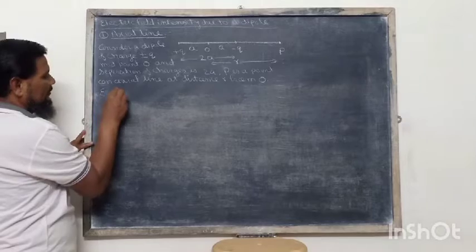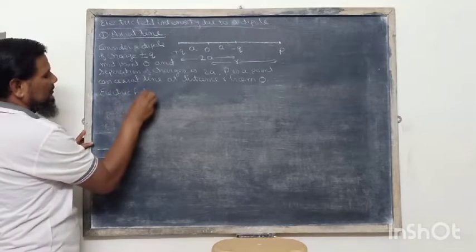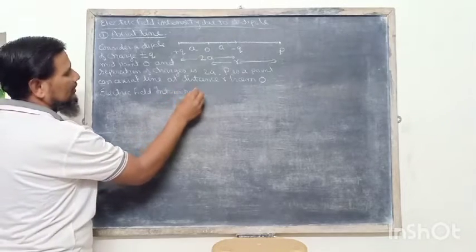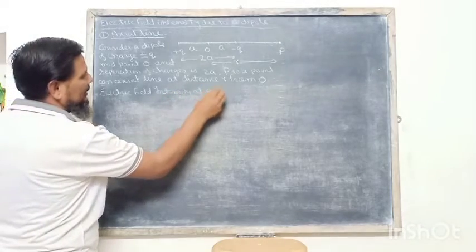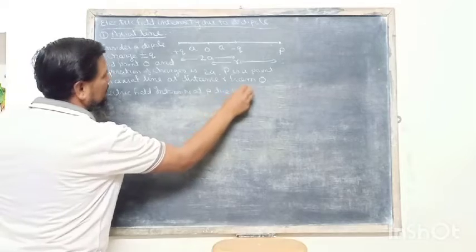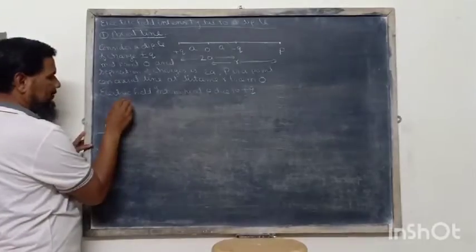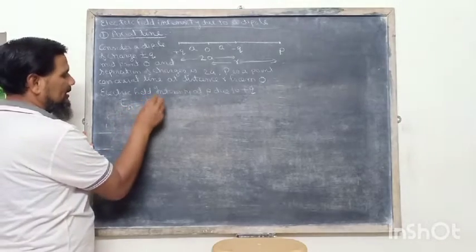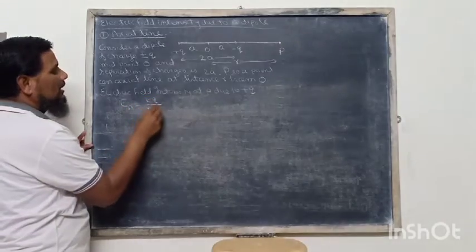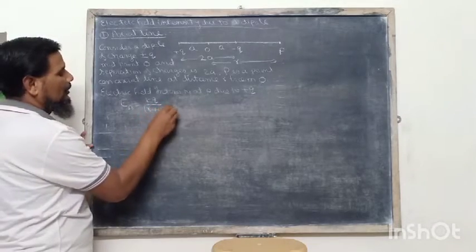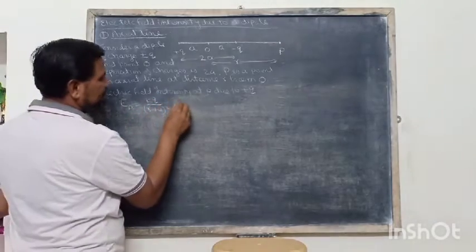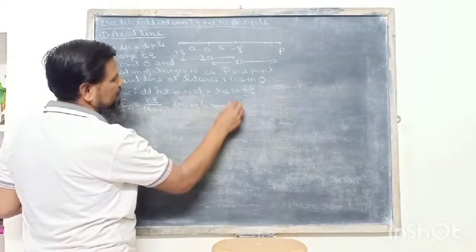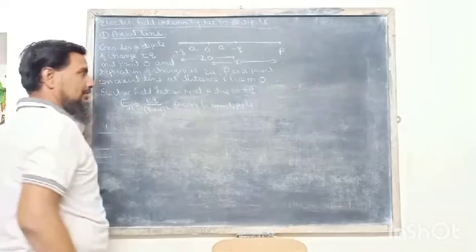So the electric field intensity at P due to the plus Q charge, EA, will be KQ upon (r plus A) whole square, directed away from the dipole.